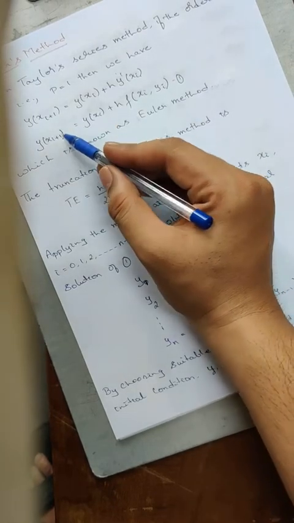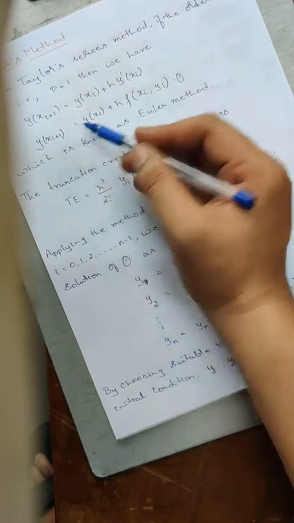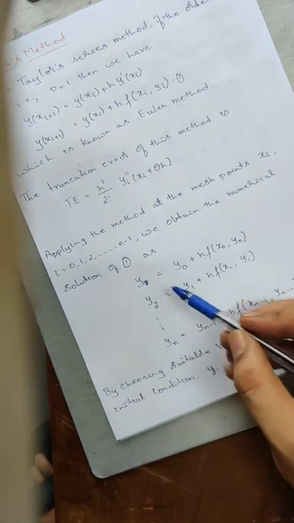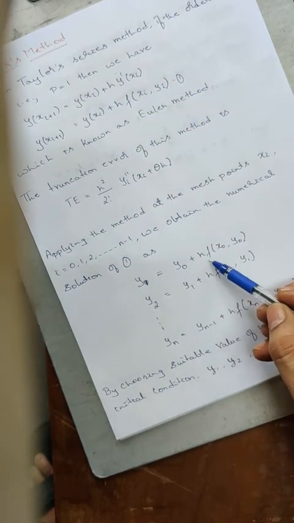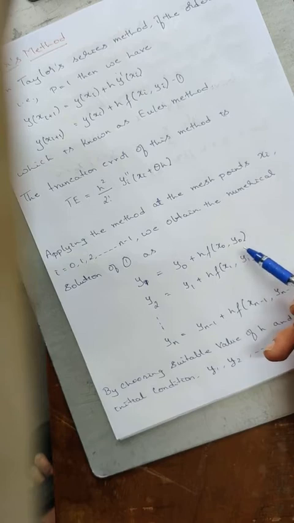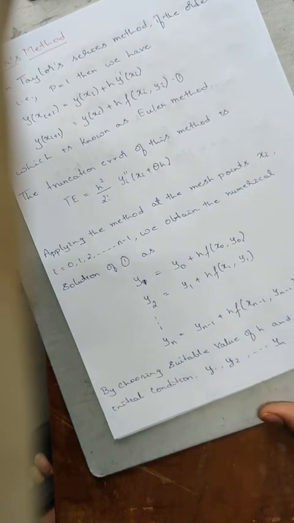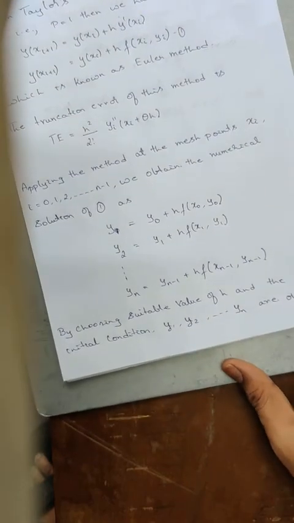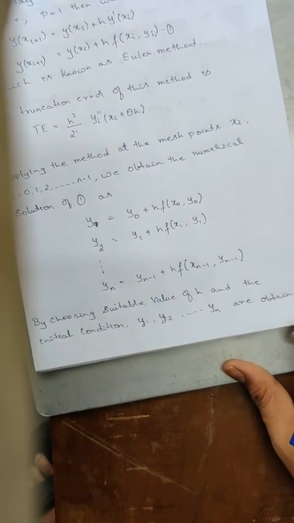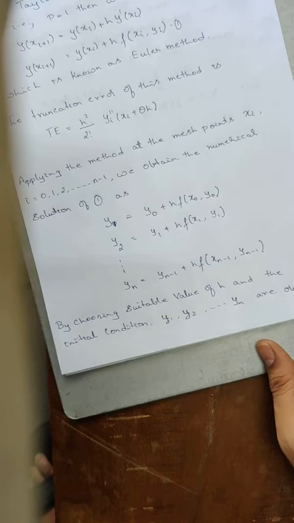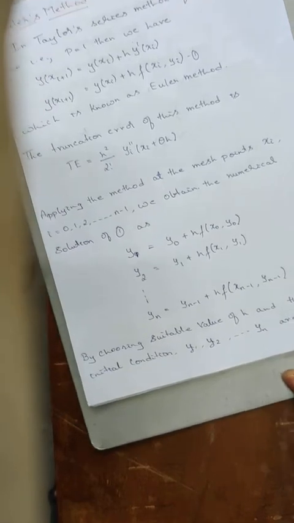So when i is equal to 0, x1 comes. So y1 is equal to y0 plus h into f of x0 comma y0. Similarly y2, so on up to yn, we will be getting yn. So by choosing the suitable value of h and the initial condition, we can obtain y1, y2 so on up to yn.